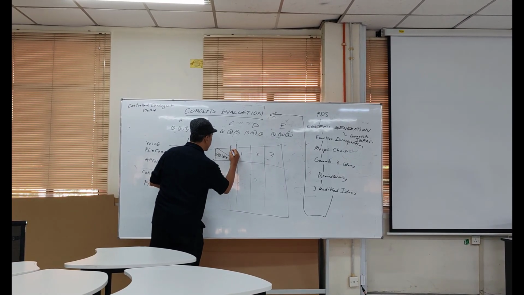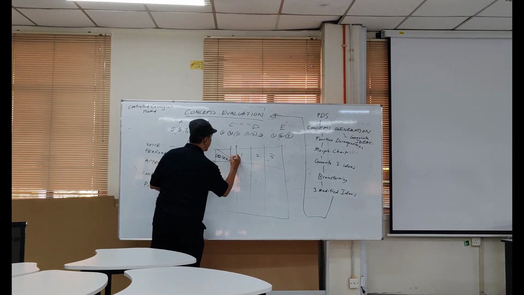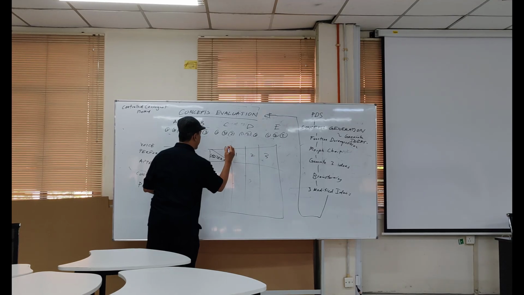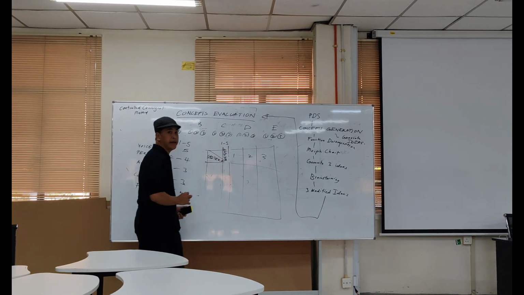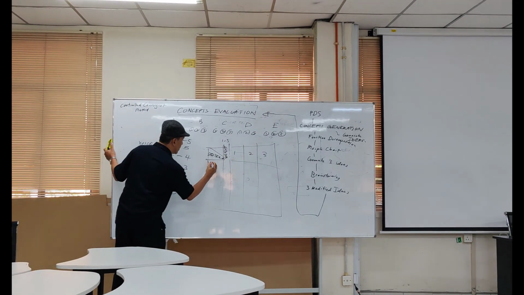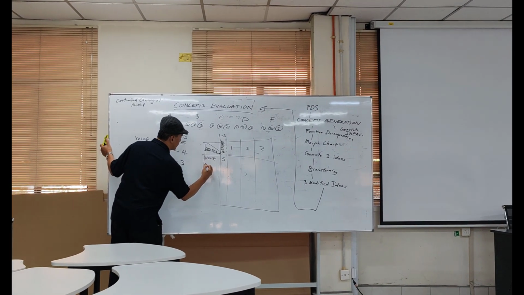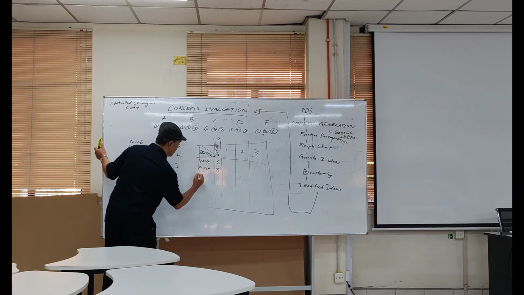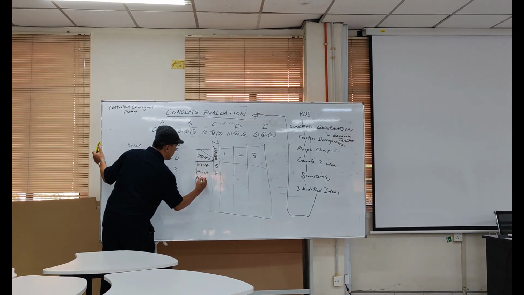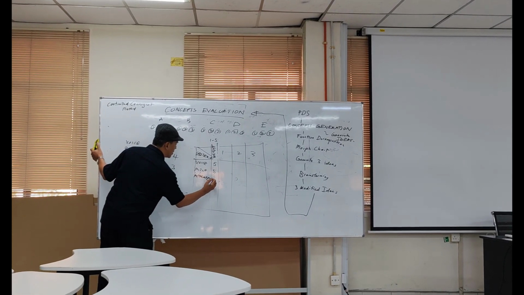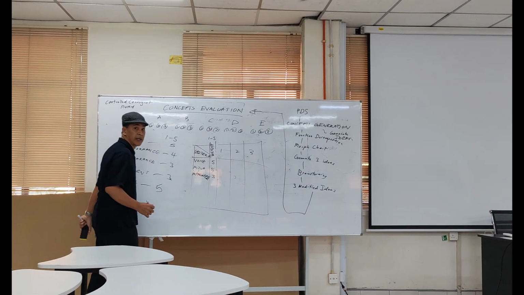Here we have the weight of that criteria, weight 1 to 5. So for example, the voice weight is 5, pitch also 5, and appearance is 3.